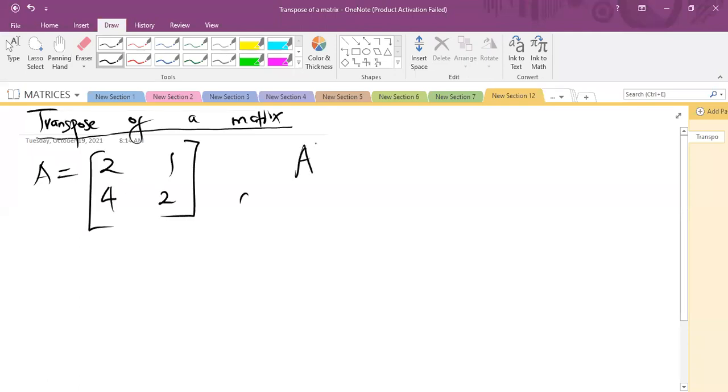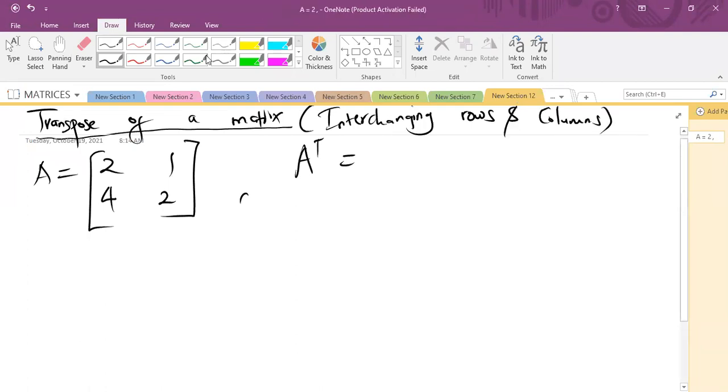Now A transpose: transposing basically means interchanging rows and columns.